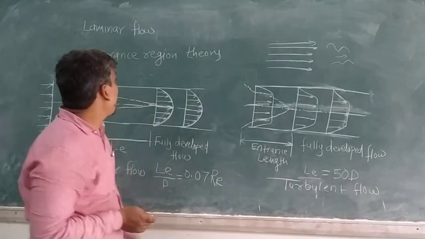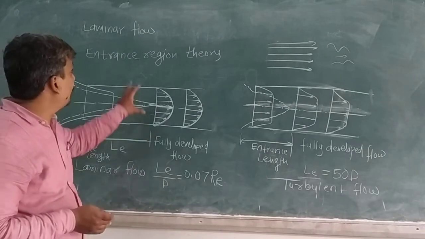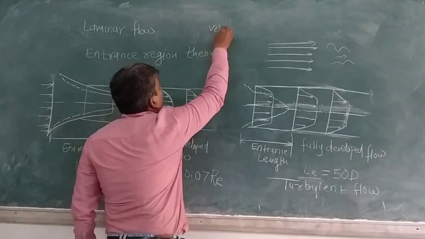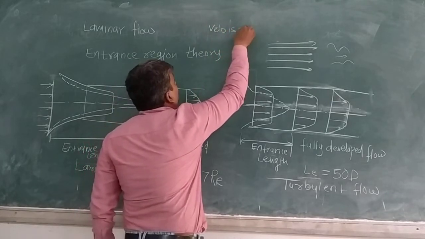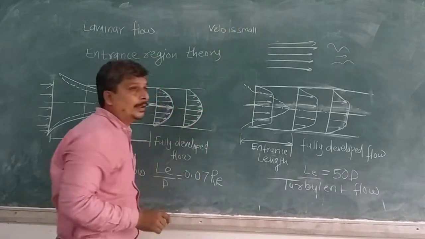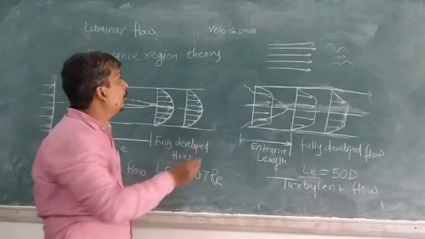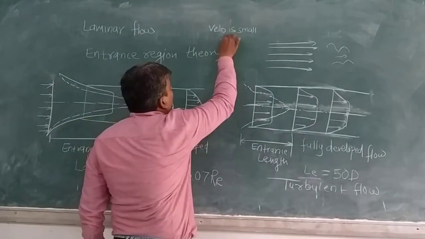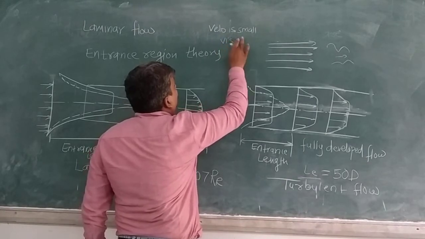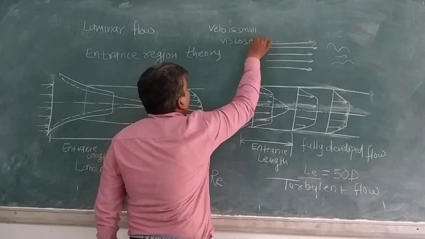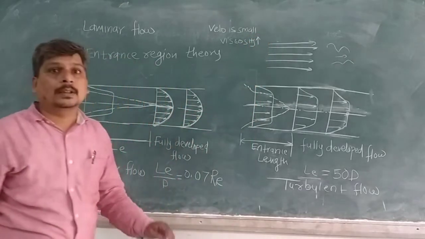Laminar flow is possible when the velocity is small, that is, laminar flow occurs for very low velocities of the fluid. Again, it occurs if the viscosity is high.